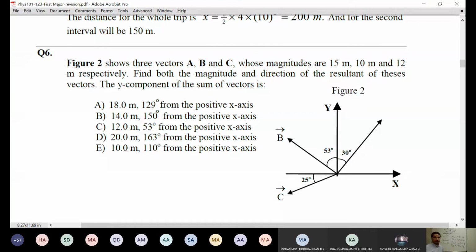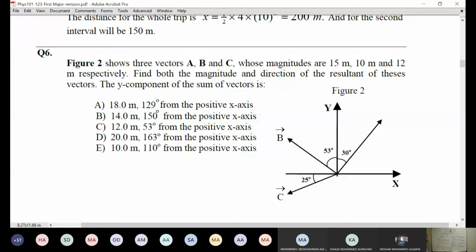Now when we are looking for the resultant vector, what should be the magnitude and direction of the resultant vector? First of all, we need to determine the resultant vector. Okay, so I'm leaving it here. For Rx, all you need to do is to add the x components, Ax, Bx, and Cx. Then when you want to determine the Ry, you just add the y components of A, B, and C. And that will give you the y component.